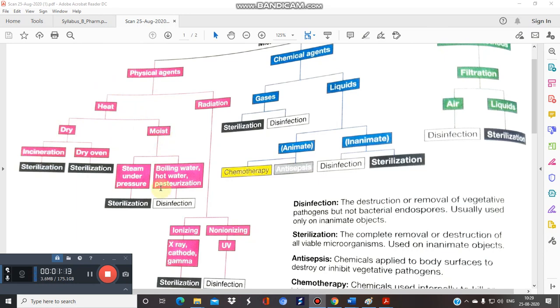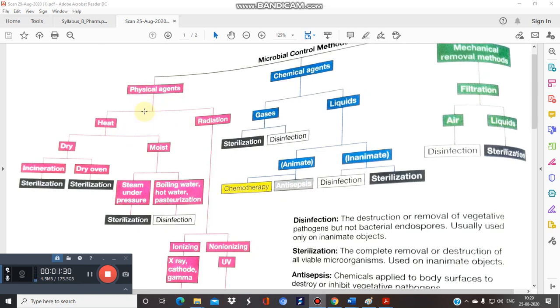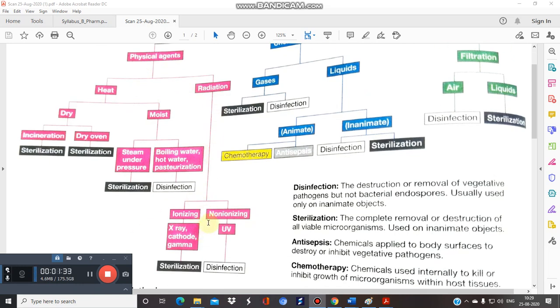I hope you remember all that: at 100 degrees, below 100 degrees, and above 100 degrees Celsius. Just see here: moist steam under pressure is sterilization, while boiling water, hot water and pasteurization are included under the disinfection part according to this book. Again, in physical methods, radiation is there, ionizing and non-ionizing radiation.